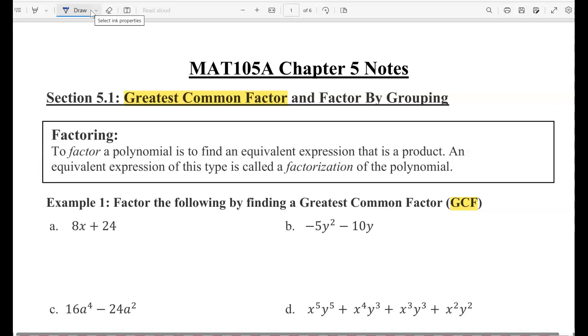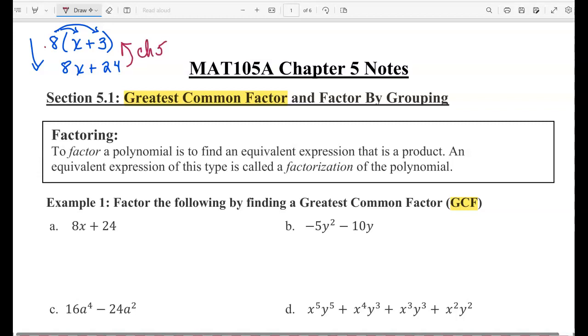So for example, if I gave you 8 times parentheses x plus 3 and we use the distributive property, we would distribute the 8 to get 8x plus 24. So this direction was chapter 4. What we'll be working on now is going in this direction, which is chapter 5.